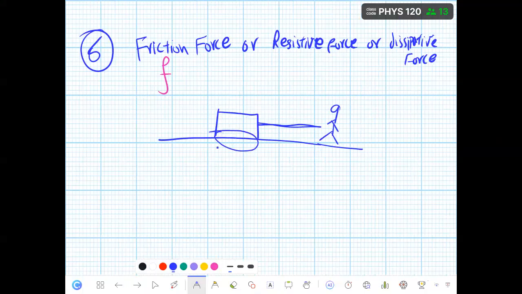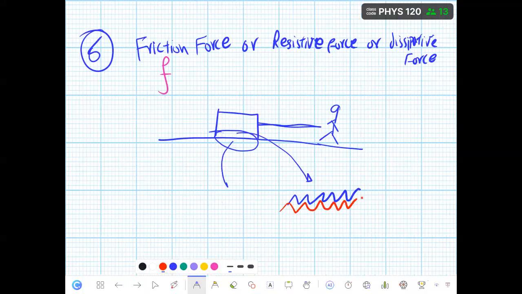If you zoom in on this part and make it bigger, this part is going to be this side of the box. If you look at the ground, and zoom in with the microscope, you will see that there is a contact point between the box and the ground.